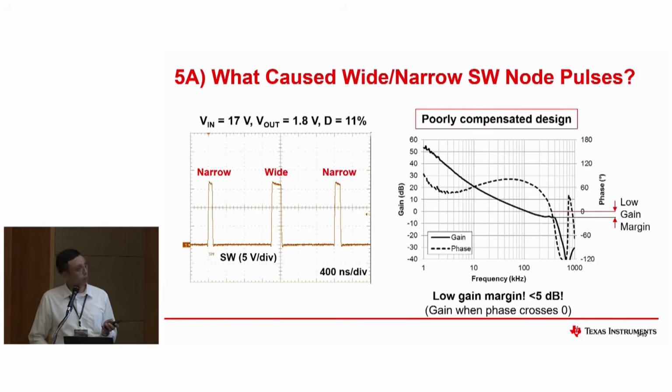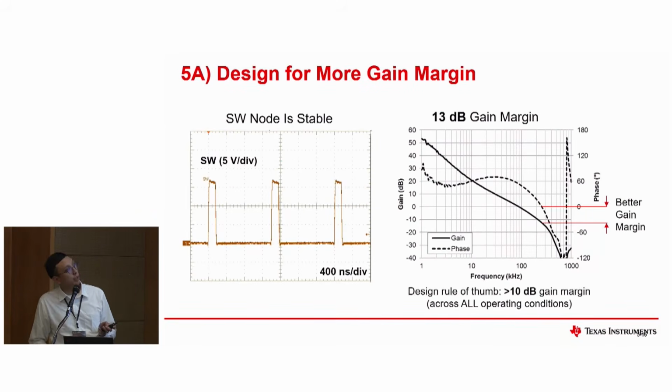A common practice is to have at least 10 decibel margin across all operating conditions. This one is a better compensated design, where at the zero crossing it exceeds around 13 decibel gain margin, and you have a more stable switch node.